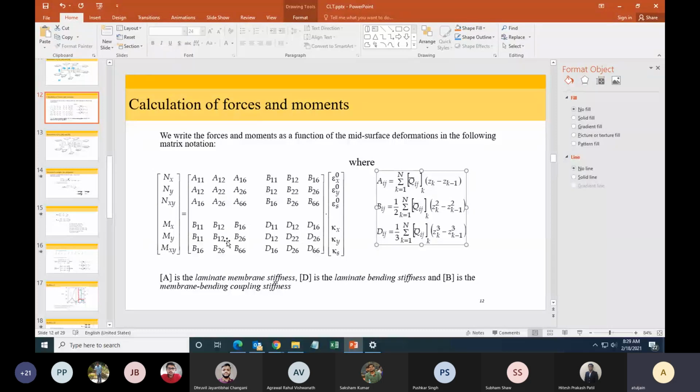So from a manufacturing point of view, it makes sense to always go for a symmetric laminate. Most of the time, you will opt for symmetric laminates because B is 0. B is 0 means there is going to be no curvature due to the residual stresses developed during curing of your composite. From an analysis point of view also, it makes life much easier because now there is a direct correlation between epsilon naught and N, and between K and M.